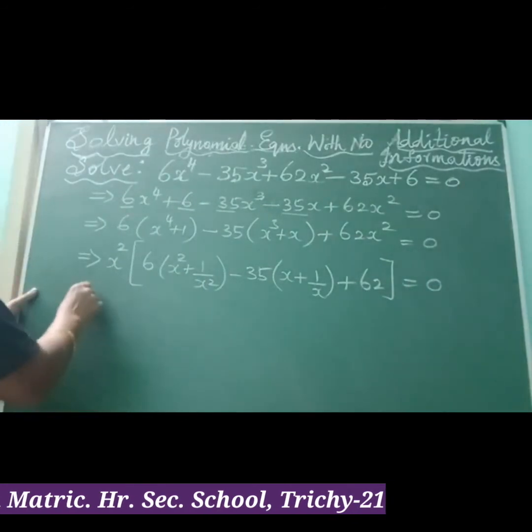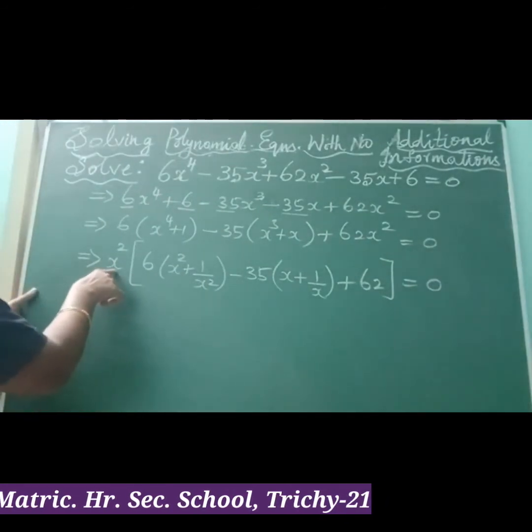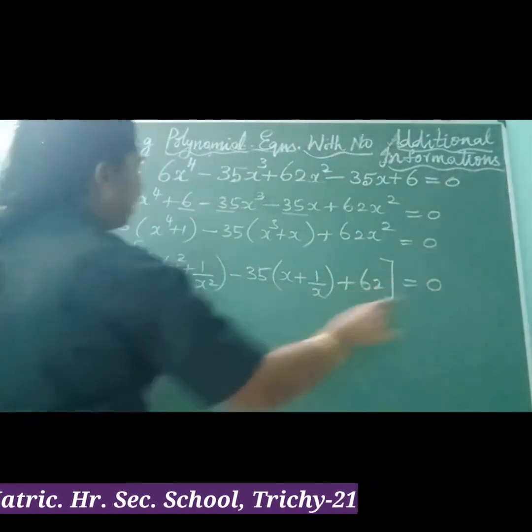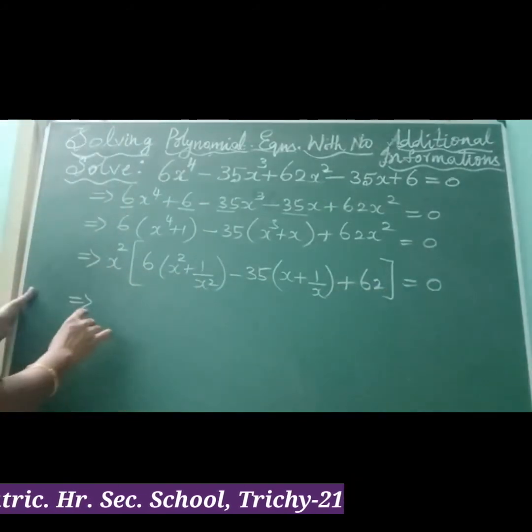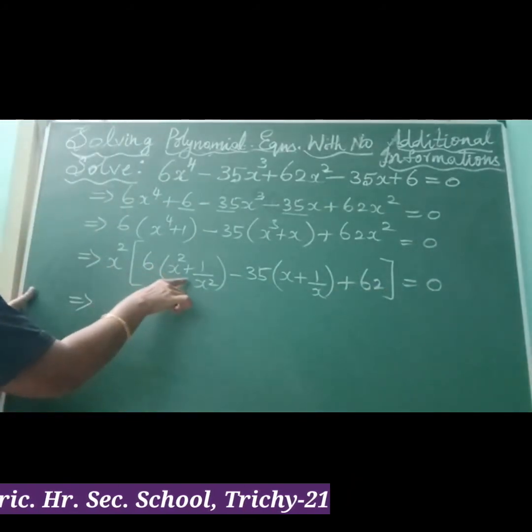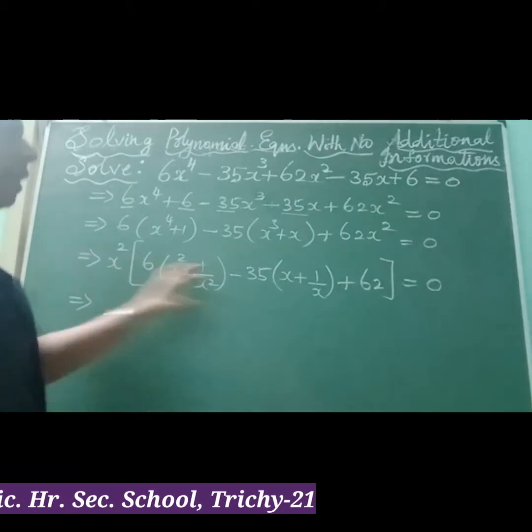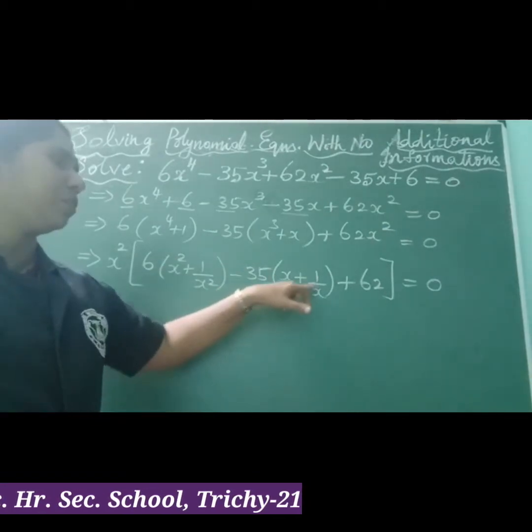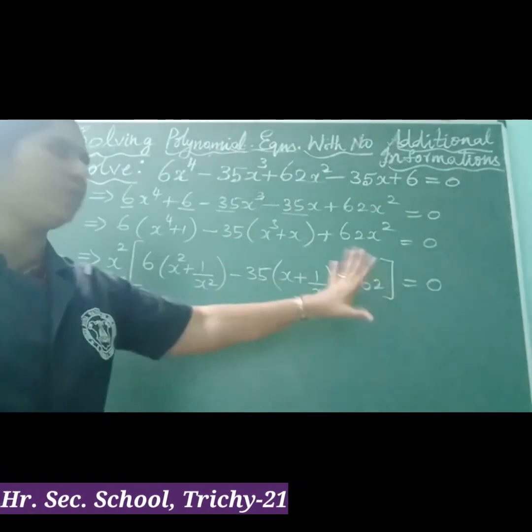Taking x square to the other side, x square is cancelled. The remaining terms are 6 into x square plus 1 by x square, minus 35 into x plus 1 by x, plus 62 equal to 0.